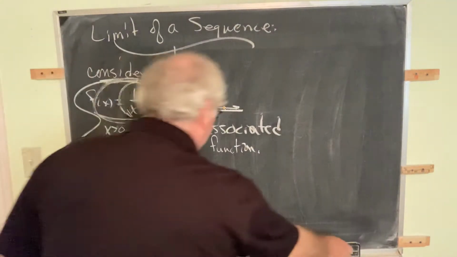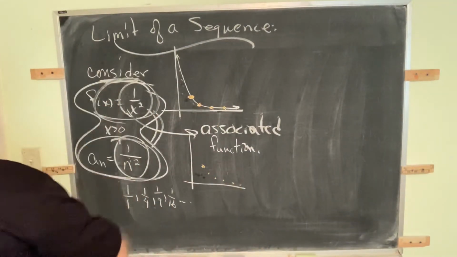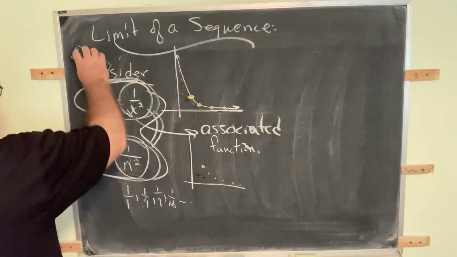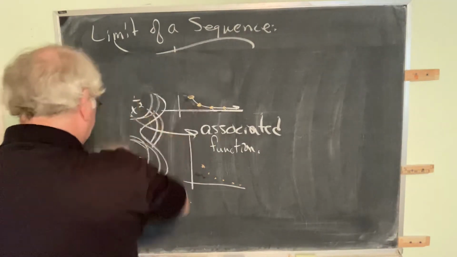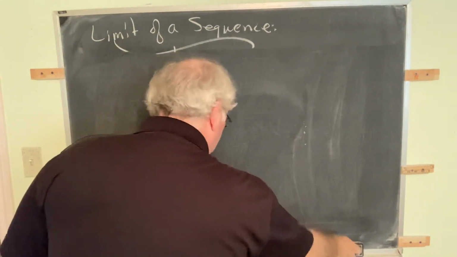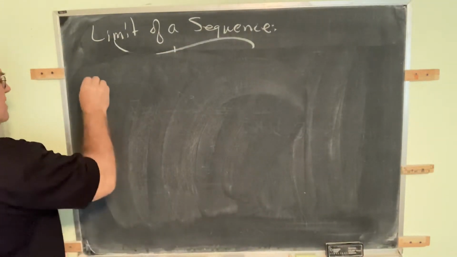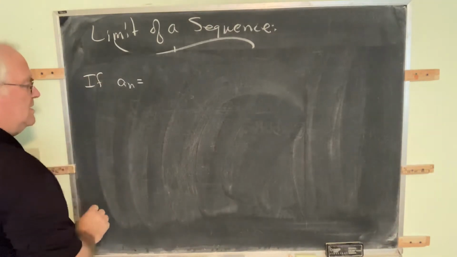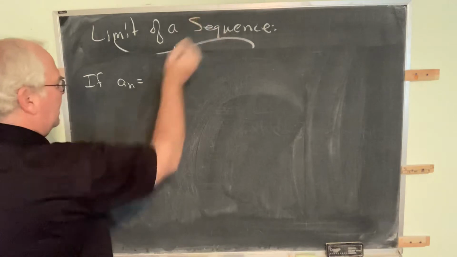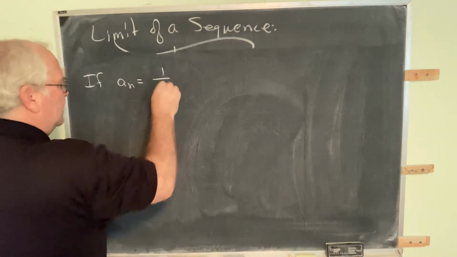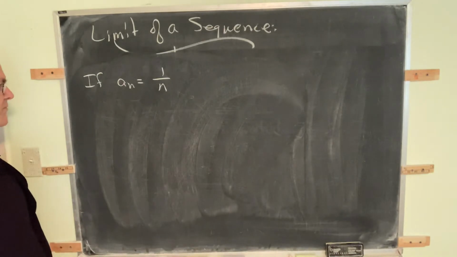One of the things that functions and sequences and associated functions share is the notion of a limit. Now, think about this. If a sub n is equal to, let's just pick something nice and easy here, 1 over n, just something fairly straightforward.